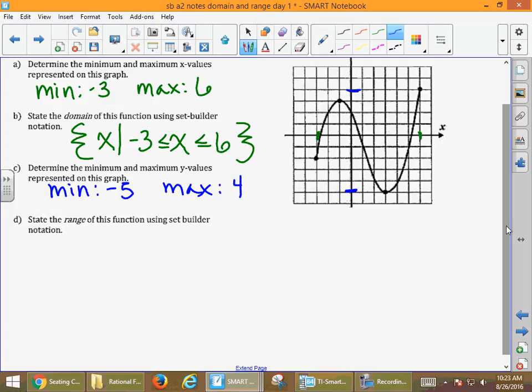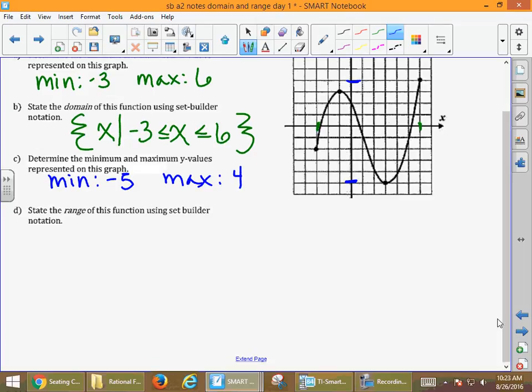And then to finish, for part D, we want to identify, in set notation, how do we represent the range? Well, this is where we want to go from smallest to biggest. Remember that range is our y value of our function, so that's why we want to call that y.